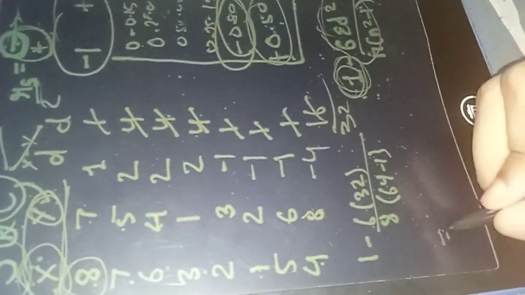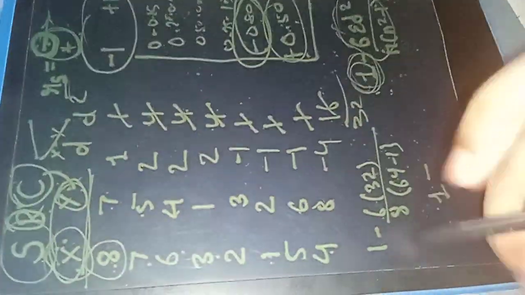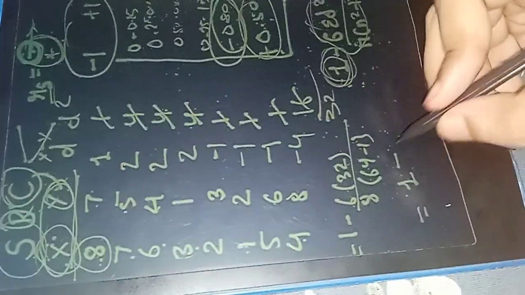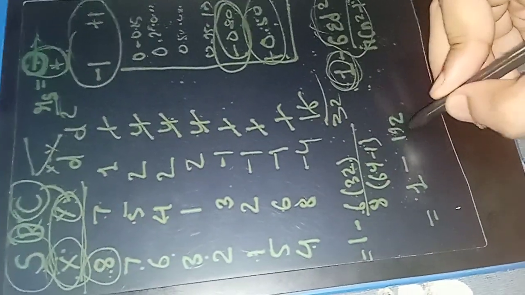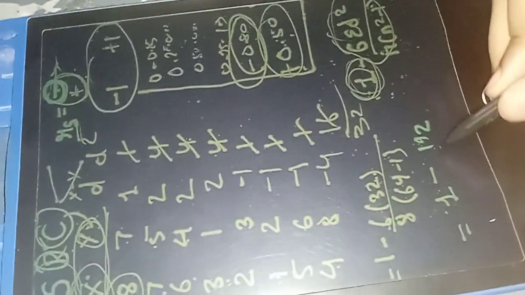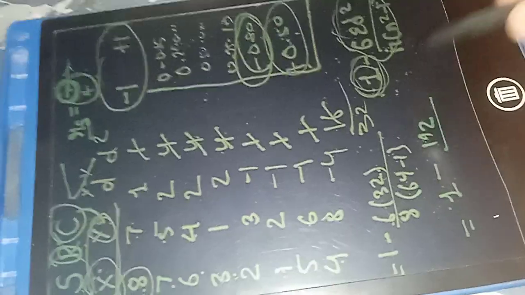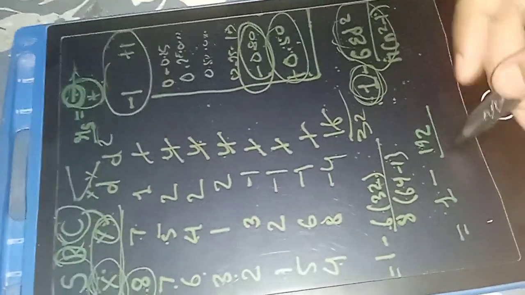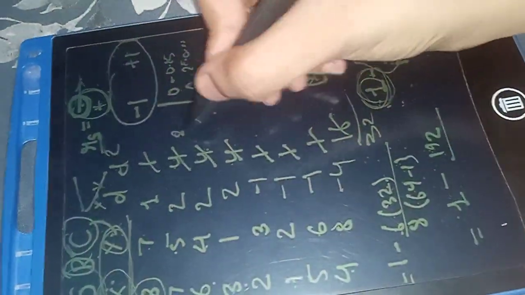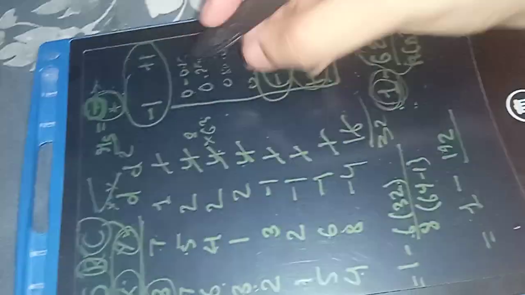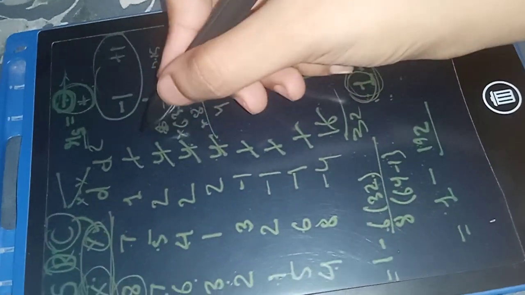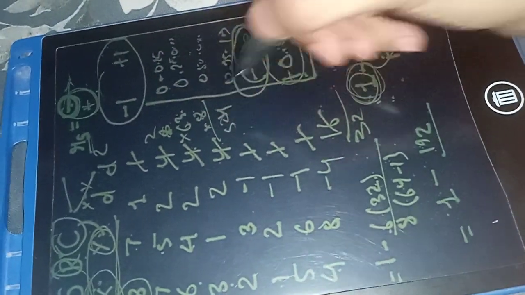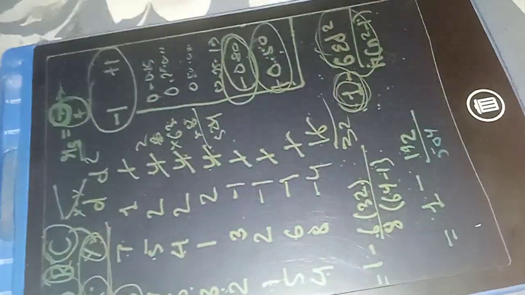The expression is 1 minus, never forget this 1 minus, 6 times 32: 6 twos are 12, 1 carry, 6 threes are 18, so 192, upon 8 into 63. 8 threes are 24, and 8 sixes are 48, so 504.